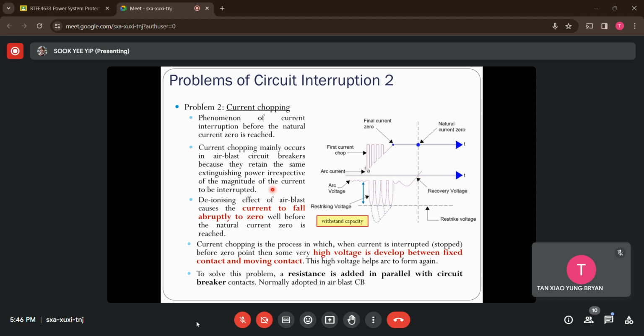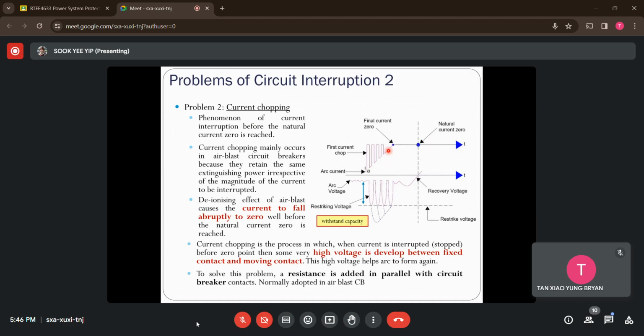So now we have a deionization effect through the air blast. Whenever it blows compressed air towards the arc formation, the current will fall abruptly to zero before it reaches zero naturally. To further explain this, let's look into the waveform. Now we have the AC current with respect to time.